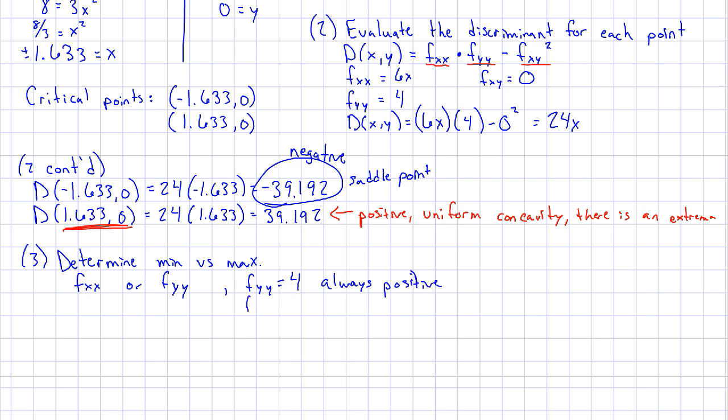If you evaluated fxx, you would be evaluating for this location. So that was 6x. So it'd be 6 times 1.633. You're putting in the x and y value of that critical point. There's no y's. And you would get 9.798, which is still positive. So for either of these two things, I'm seeing that I have that positive value, and this is my concavity.